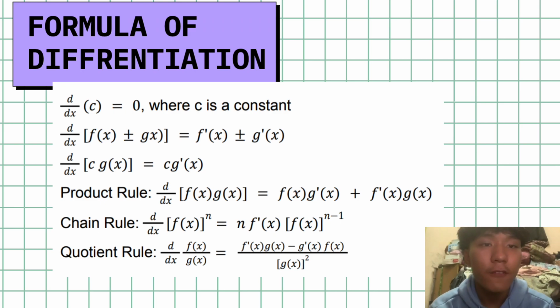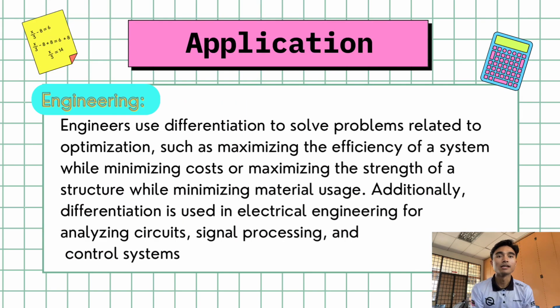Last we have the quotient rule, d over dx of f(x) over g(x) equals g(x) f'(x) minus f(x) g'(x), over [g(x)] squared. Okay, so next is about application.